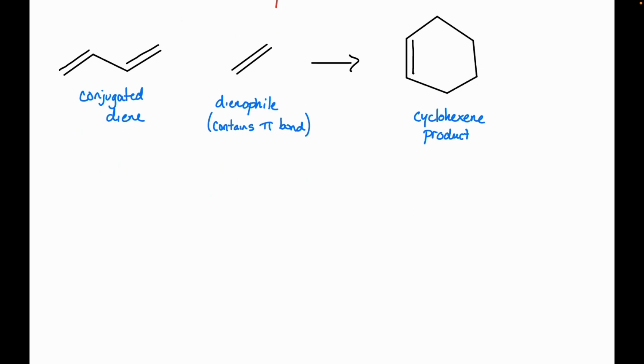What we're going to do is rotate about this single bond right here 180 degrees. So now our double bonds are pointed in the same direction.